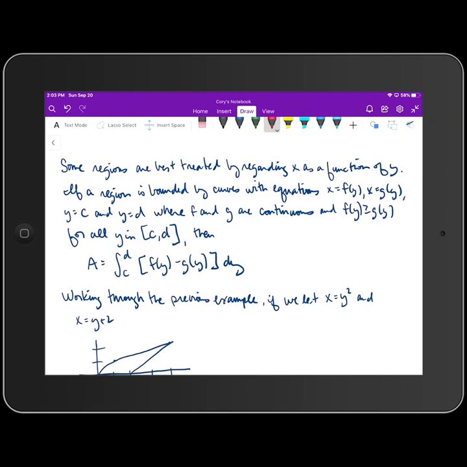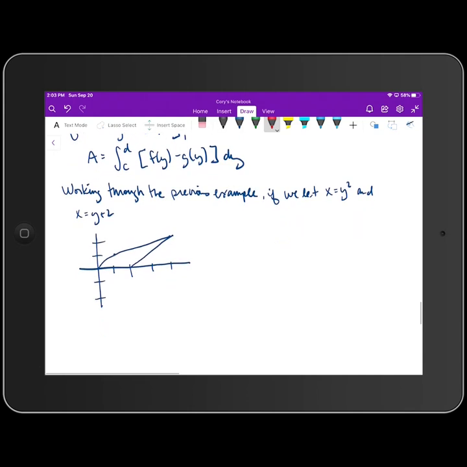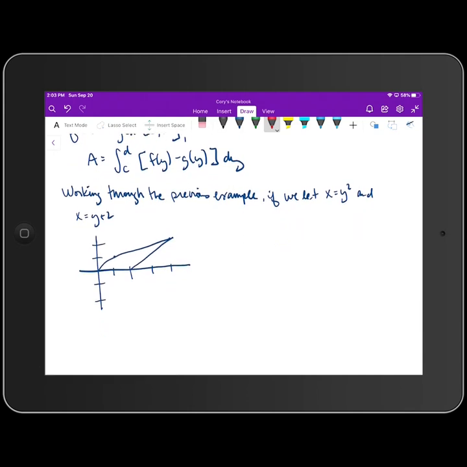Okay, so we're going to go through what we did in the previous example, but you're going to have to look at things differently here, in terms of y values instead.